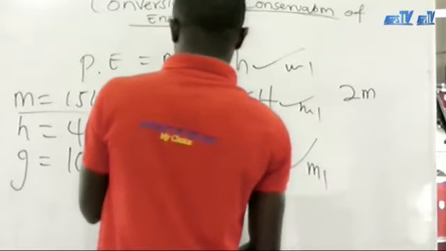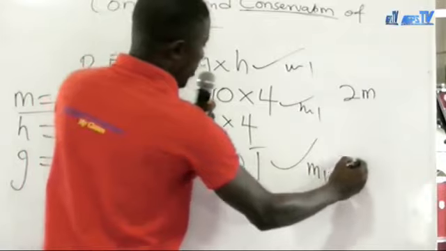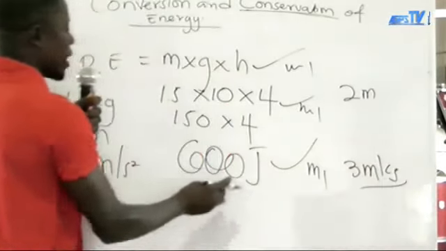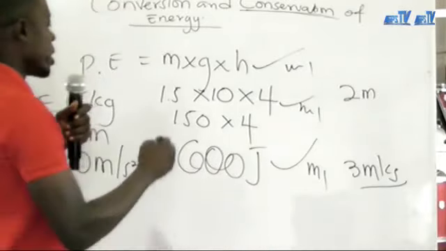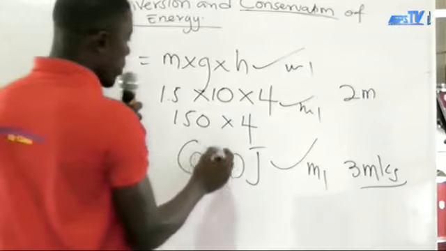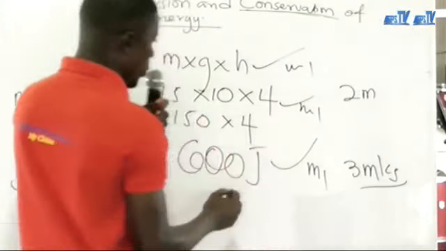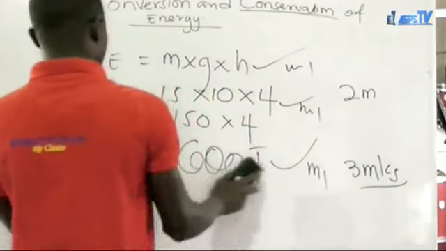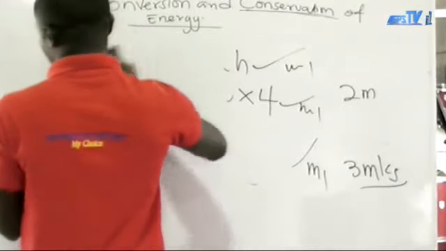Normally, this question produces 3 marks. If you fail to bring the units, 600 is just a figure. If you write 600, they will mark you wrong here and deduct some marks from you. So you have to pay attention to what I'm saying. It is very important.